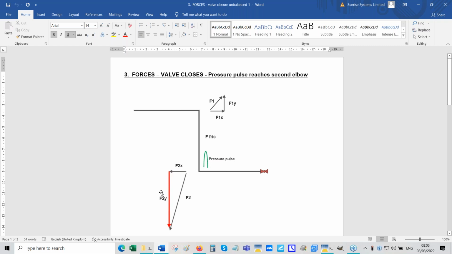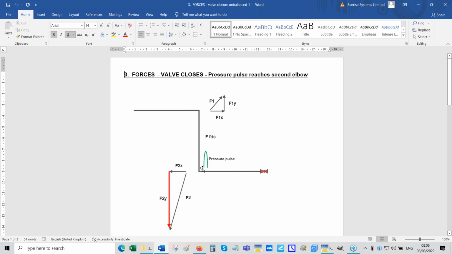Because that component is actually equal to the pressure times the area of cross-section of the interior of the pipe plus the mass times the velocity. And so that is high because the pressure surge increases the pressure, so that component.